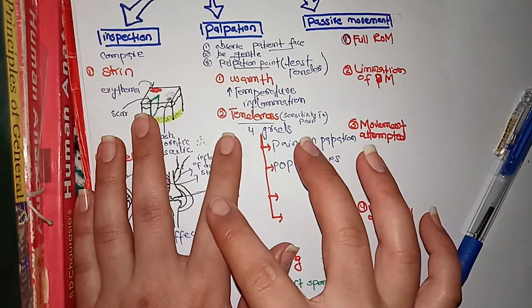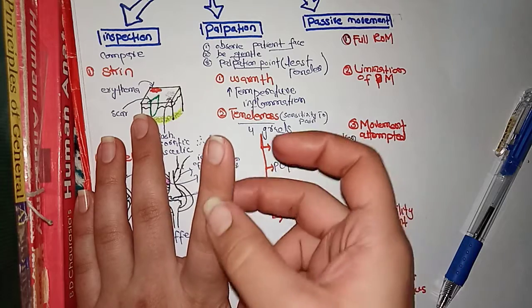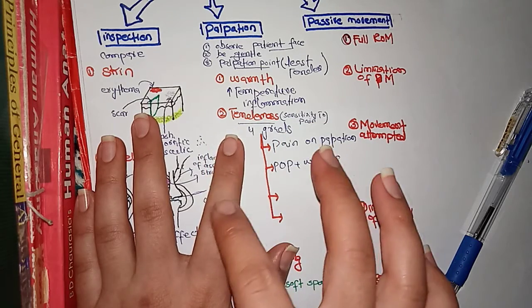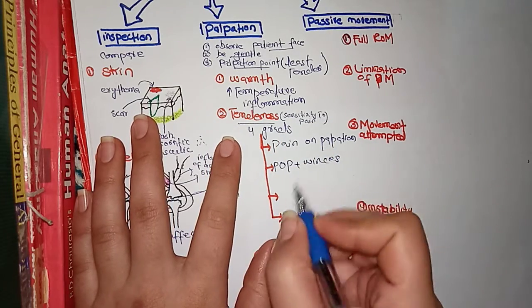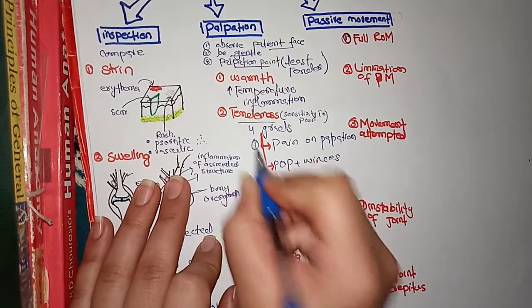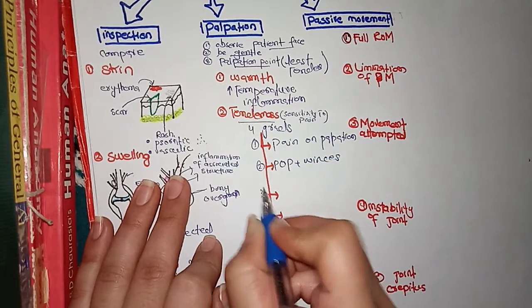When you palpate the joint, the patient starts to move like that. This is grade 1, 2, 3 and 4.